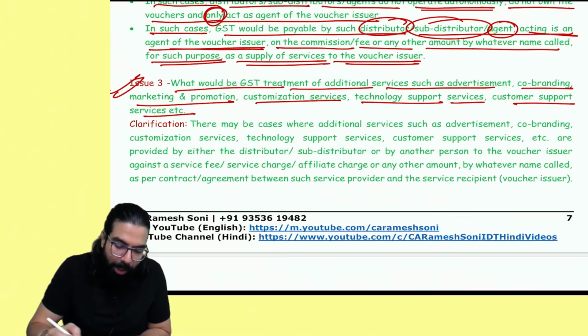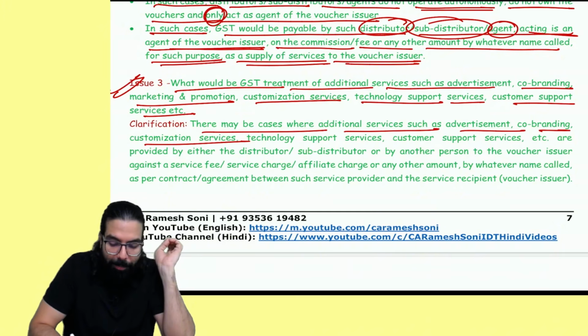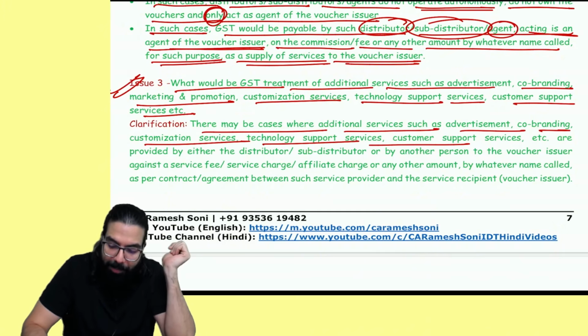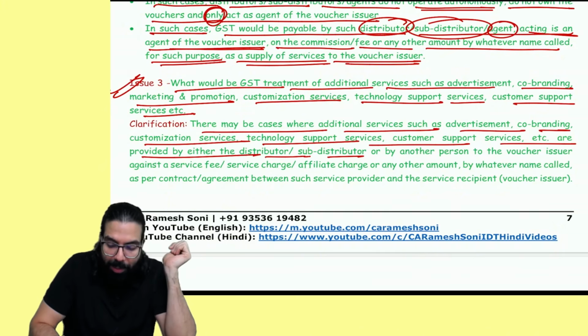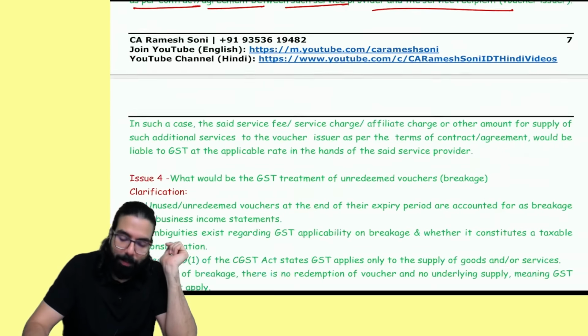Simple. They went ahead and told, sir, there may be cases where additional services such as advertisement, co-branding, customization service, technology support service, customer service are provided by the distributor, agent, or any other person to the voucher issuer against a service fee, service charge, affiliate charge, or any other amount named by whatever name called, as per the contract or agreement between the service provider and the distributor.